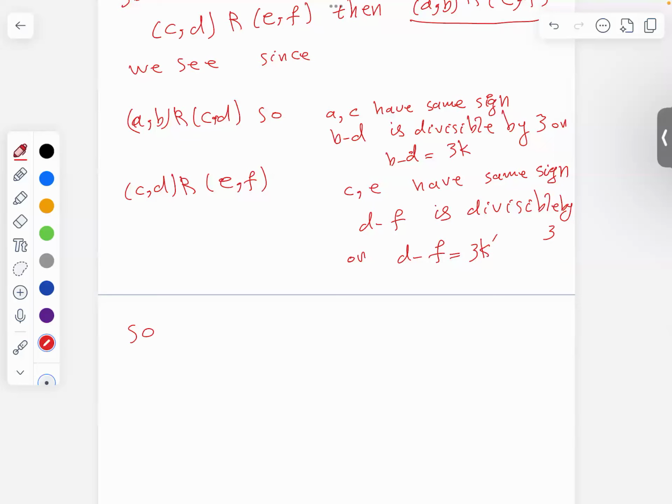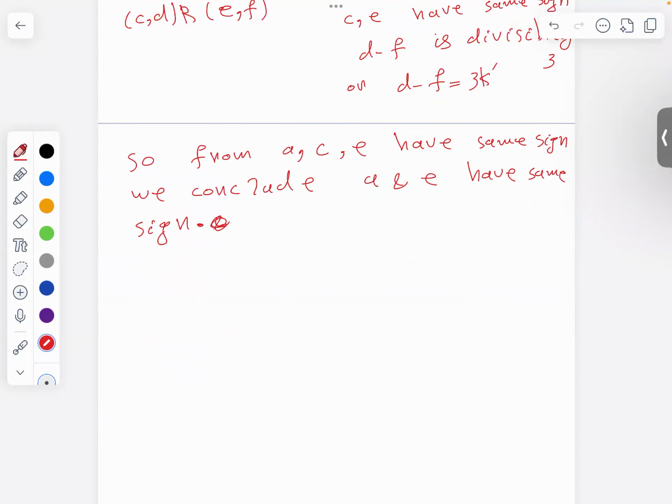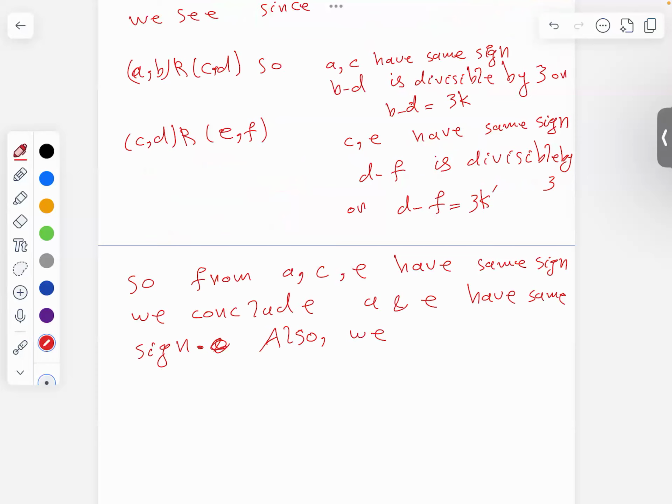So from A and C having the same sign, and C and E having the same sign, we conclude A and E have the same sign.